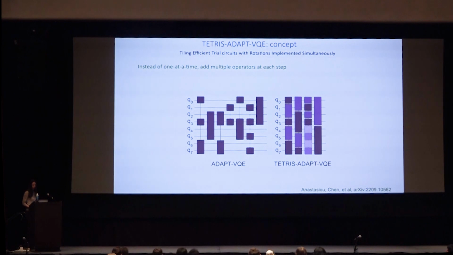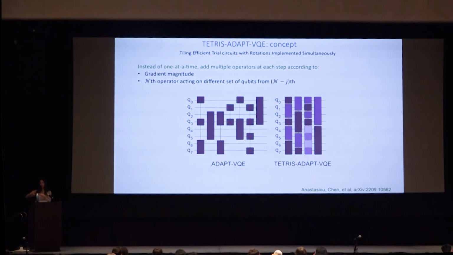And how do you do this? You can do this in different ways. The way we went about it is looking at the gradients and choosing not just the operator that has the largest gradient, which the adapt criterion uses, but also the next ones, so long as they touch different qubits, so that we could sort of tile the circuit this way.